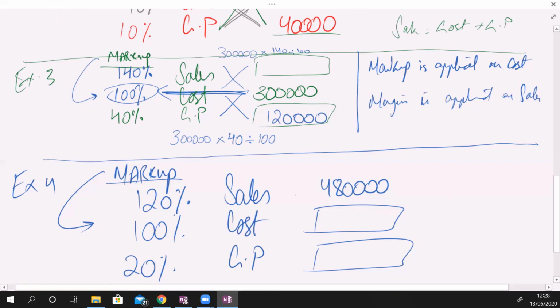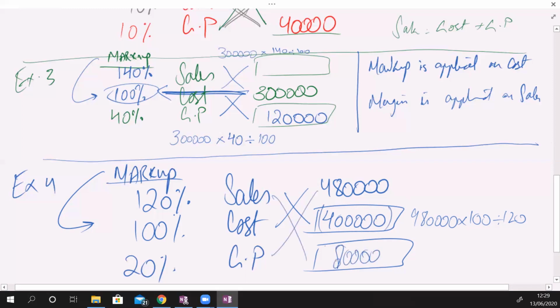Yes. When we cross multiply, it's 480 times 100 divided by 120, which is 400,000. If we subtract it, we also get 80,000. And if we cross it the other way, 480 times 20 divided by 120, I'm getting 80,000. Mine is also the same. Oh, and I got it, we are both wrong.